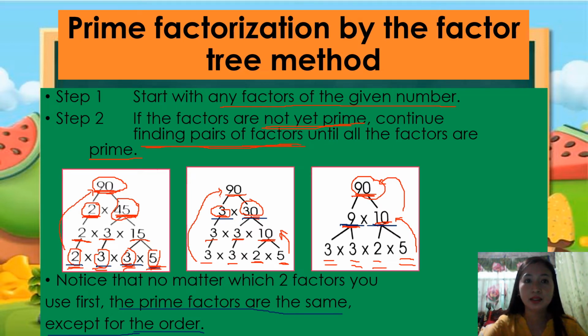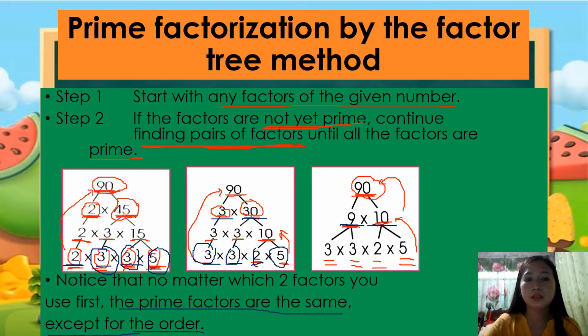And in the second example, we have 3 times 3, and we also have digit 2 and digit 5.